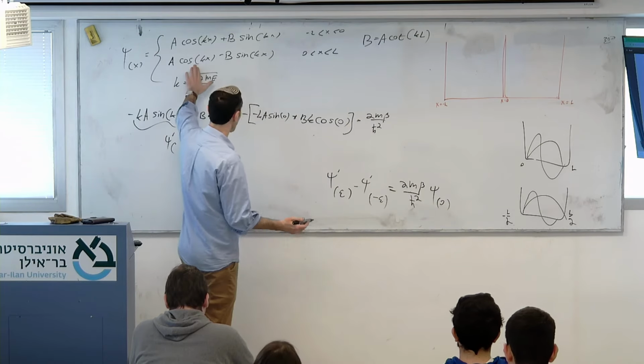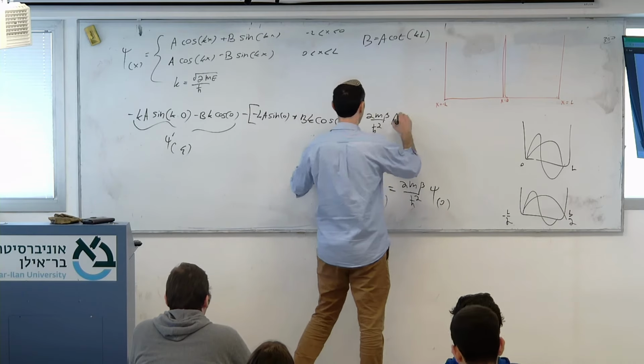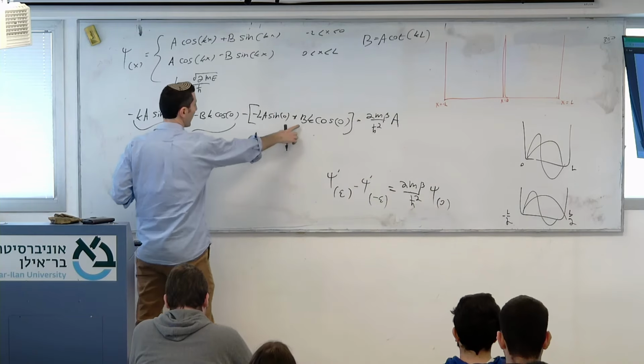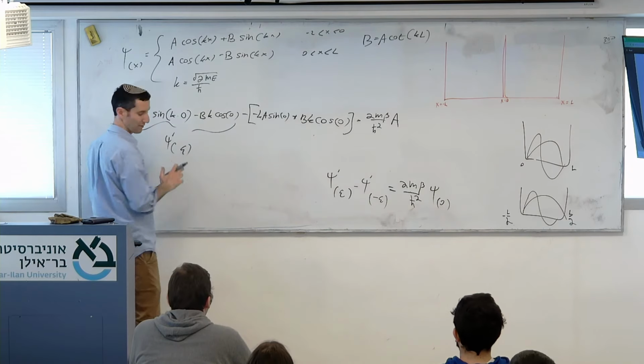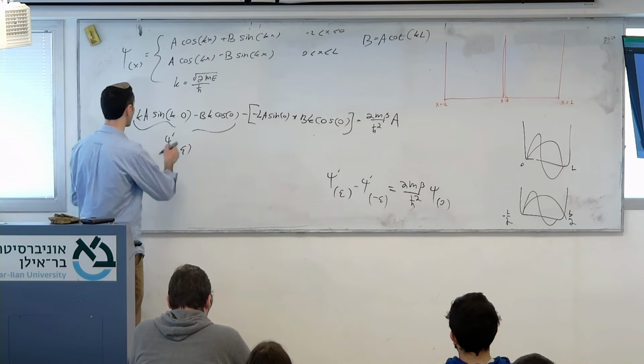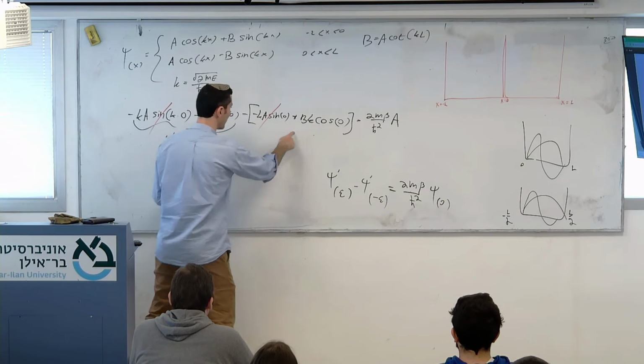What is psi of 0? It is a. Okay, now instead of b, I can write a cotangent. First, I want to cancel out the signs. I have here minus b, right?